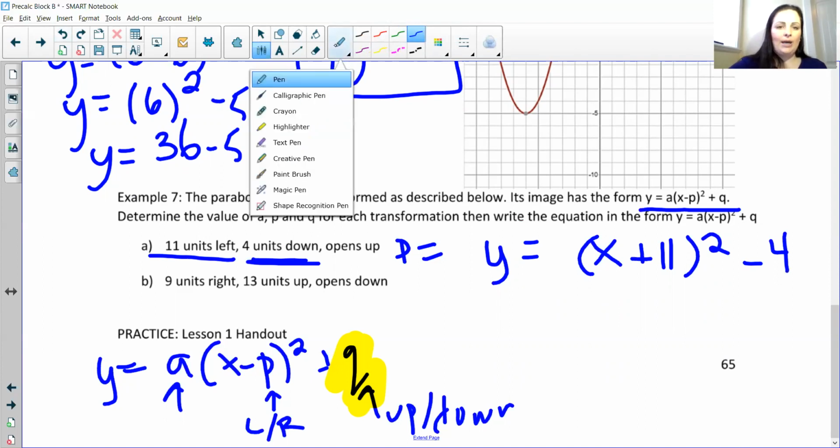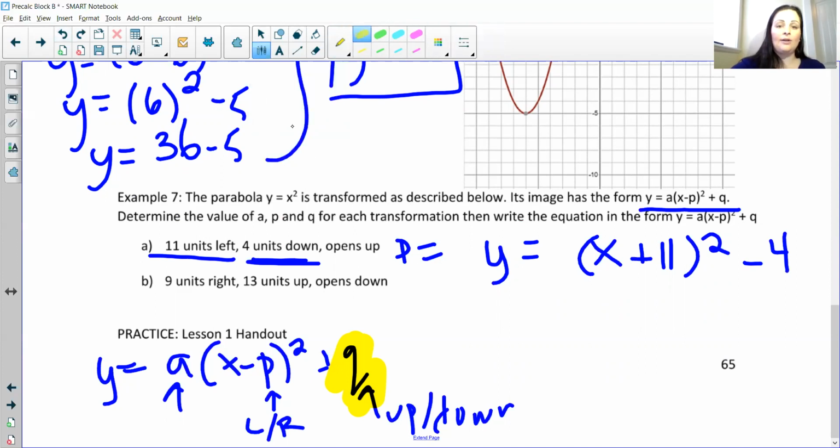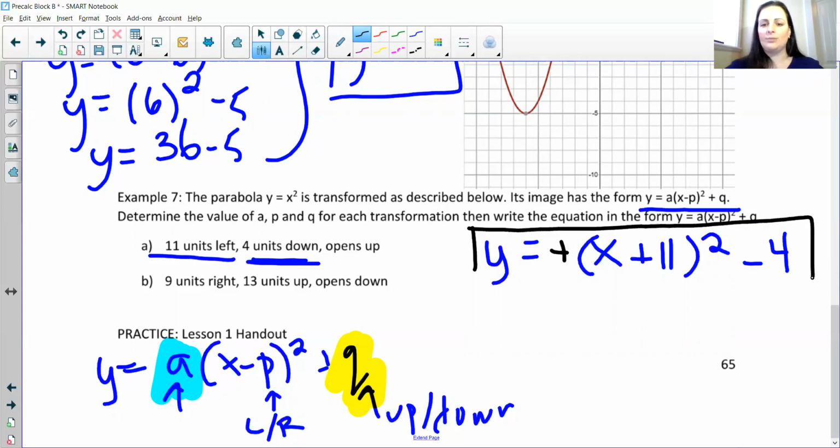So opening up has to do with the sign of the number in the A position. And that A position needs to be positive. And sure enough, it's already positive. So we just leave it like that. And that is our answer. I'm just going to actually write a positive in there so you know what I'm talking about. It's that location there. But we don't actually have to write the positive symbol because lazy mathematicians.